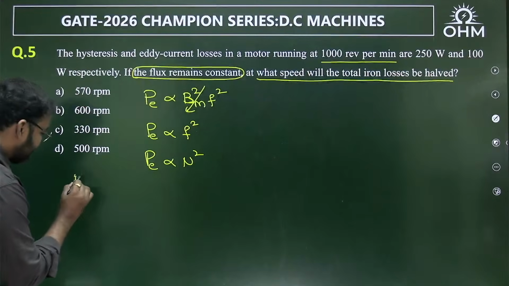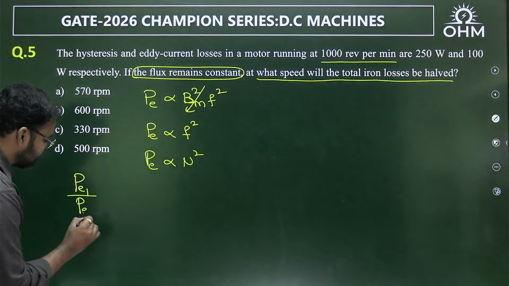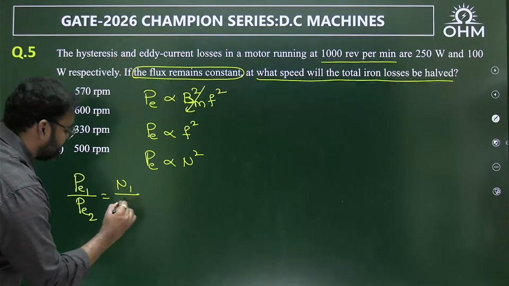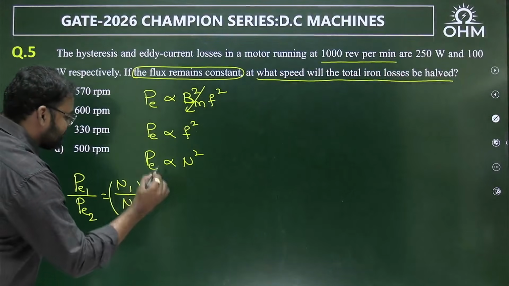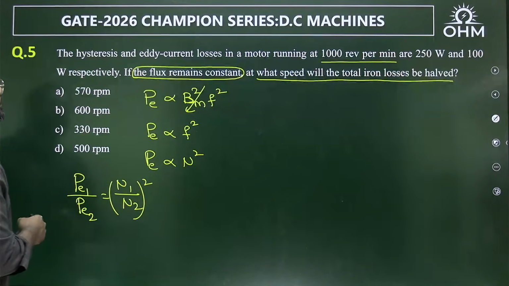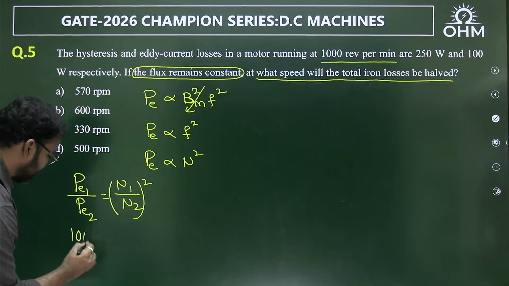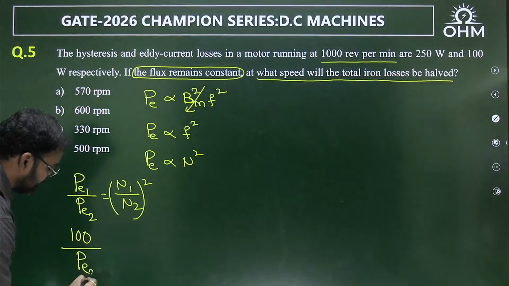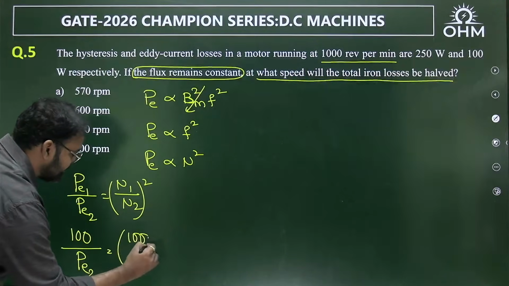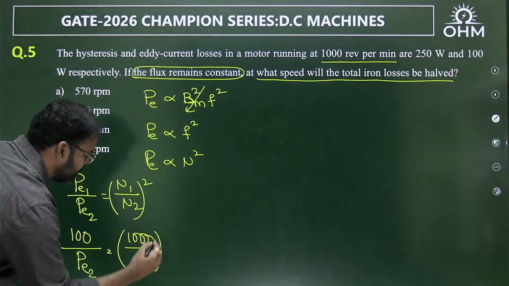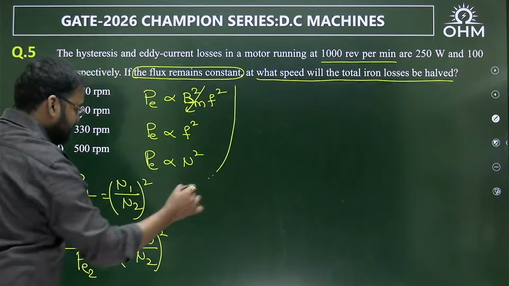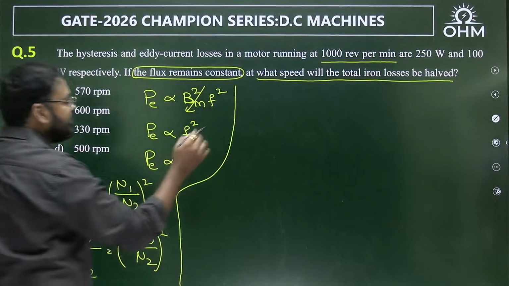So from this, first case eddy current loss by second case eddy current loss is equal to N1 by N2 whole square. What is the eddy current loss in the first case? 100, right? So 100 by new eddy current loss is equal to 1000 by new speed whole square. Now just to separate, what is the new eddy current loss?